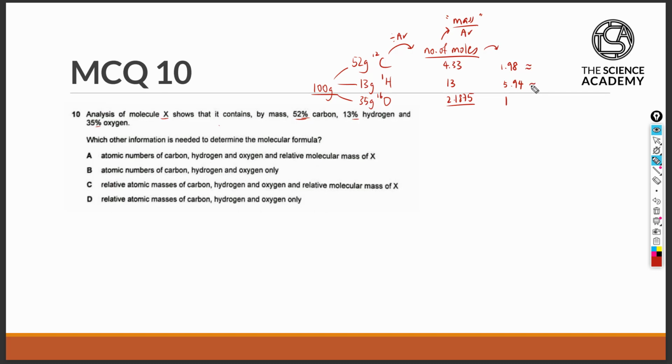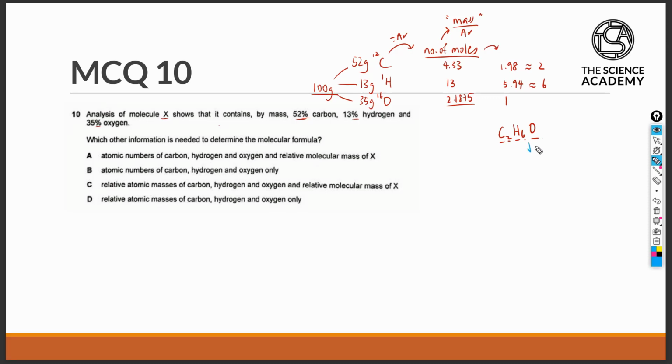Rounding these values to the nearest whole number of 2, 6, and 1 for oxygen, we can conclude that for every 2 carbon atoms present, there will be 6 hydrogen atoms and 1 oxygen atom. This is the simplest ratio of each element present in a molecule of X.